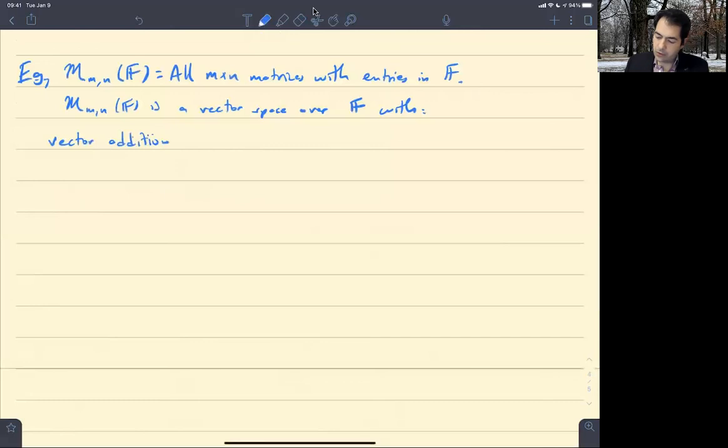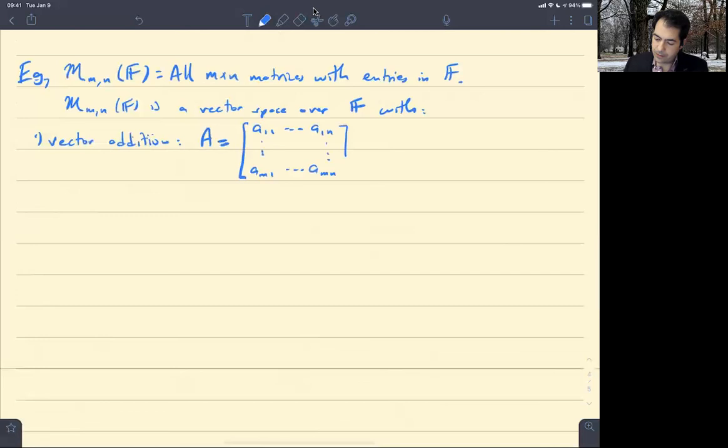Okay, so here's how we do vector addition. So let's say that you give me a matrix A, and the way we're going to write this, so the matrix A, it's an m by n matrix, which means that it has entries a11 through a1n, and then down to am1, and then over to amn.